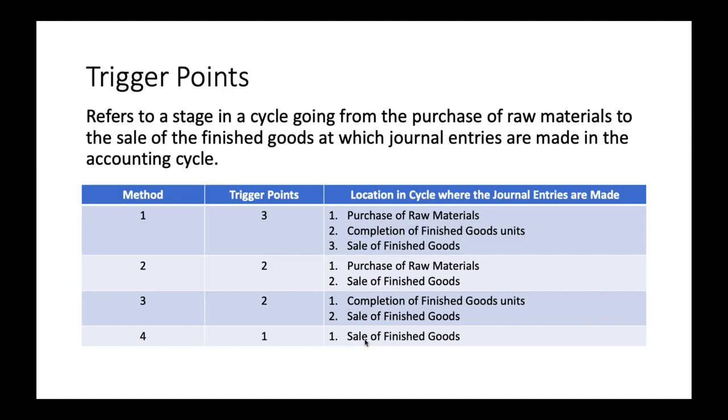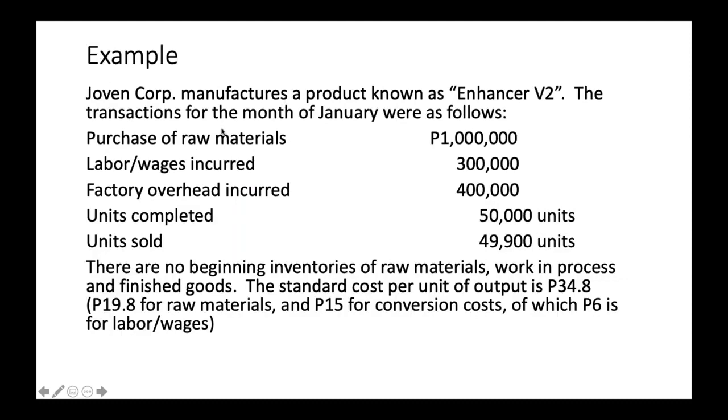So to better understand this backflush costing, let's have an example here. Joven Corporation manufactures a product known as Enhancer version 2. The transactions for the month of January were as follows. We have purchase of raw materials, 1 million. This is the actual cost. Labor and wages incurred, this is an actual cost also, 300,000.